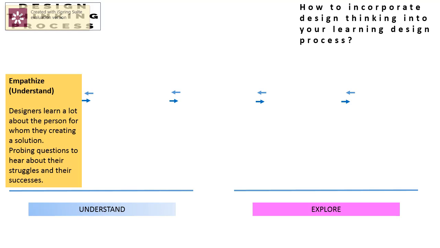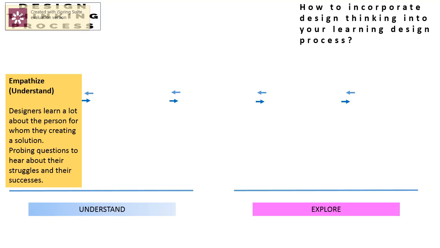However, gathering answers to these or similar questions barely scratches the surface of what the empathize mode in design thinking does. For us to gain empathy for our learners, we need to be talking directly to our target audience as best we can.